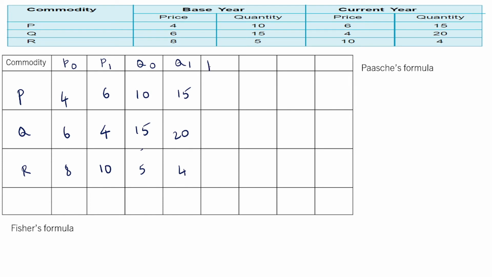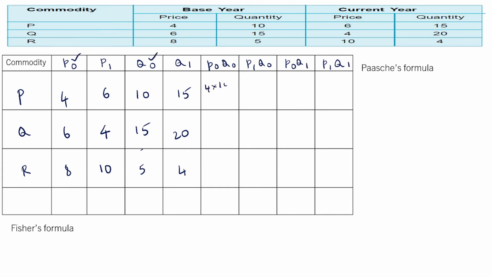Now let us find each of these. First let us find P naught into Q naught, then P1 into Q naught, then P naught into Q1 and then P1 into Q1. For P naught into Q naught, we have to multiply the entries in these two columns.